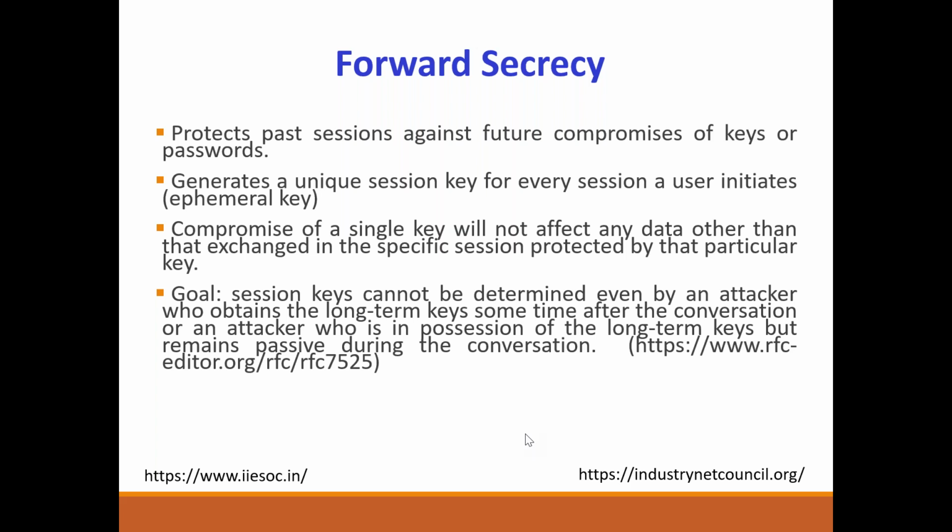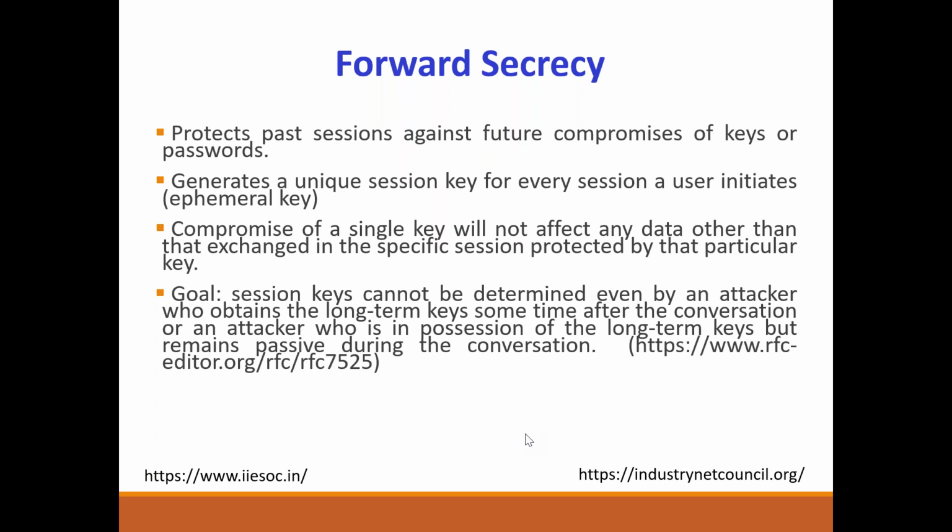There's signature keys, there's your symmetric key, there's your asymmetric keys. There's many keys that are involved in cryptography. When we're talking about forward secrecy, by and large, we're talking about the symmetric keys that protect the data.